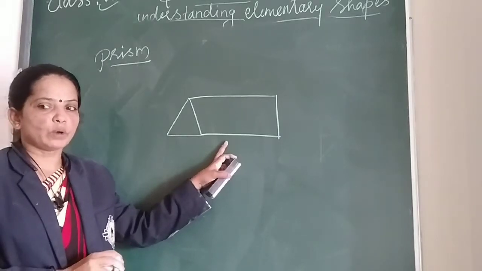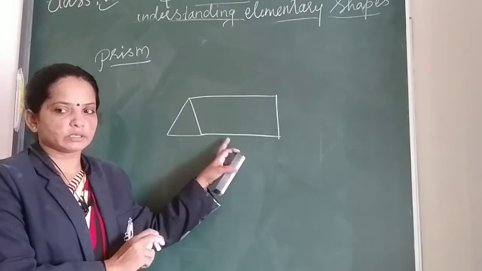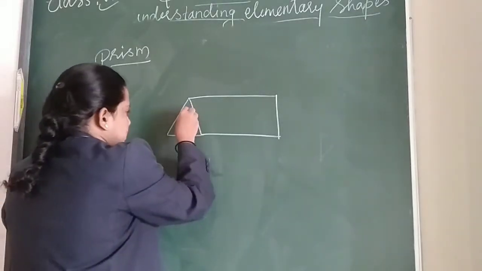A prism has 2 identical bases. The other faces are rectangles.